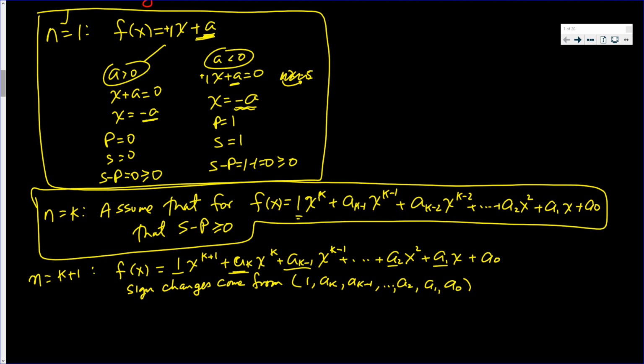In other words, if this were 7, minus 3, 4, 9, 2, 8, negative 8, 3, well then, one sign change, a second one, a third one, a fourth one. You don't need to have the x to their powers.